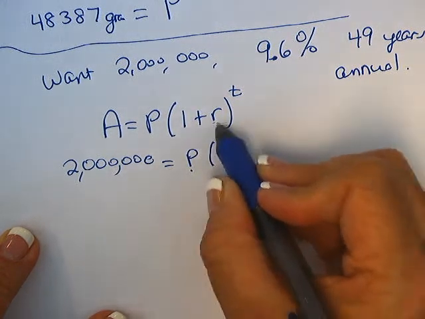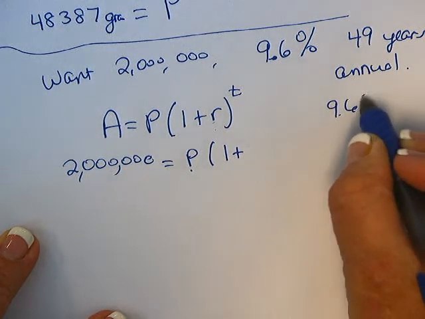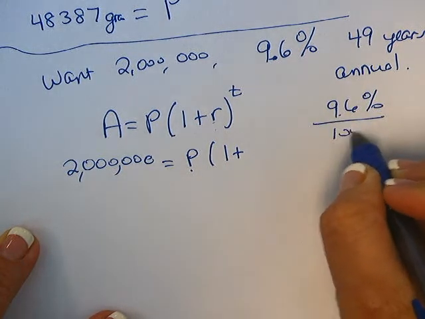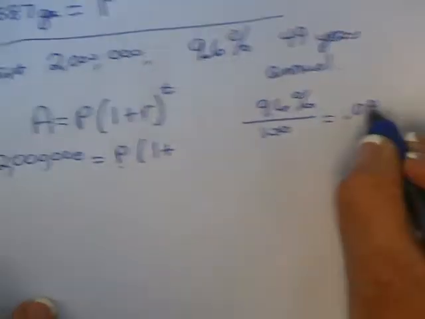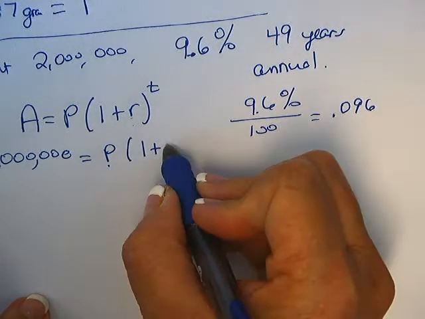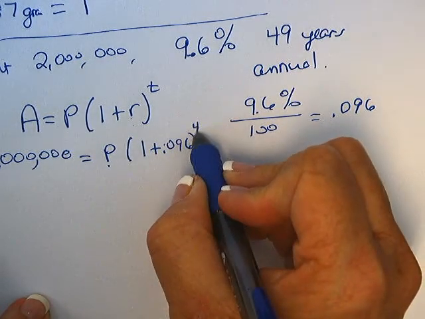1 plus R needs to be as a decimal. So I'm going to take my interest rate, 9.6%, and divide it by 100, which gives me 0.096. So 0.096, and it's for 49 years.